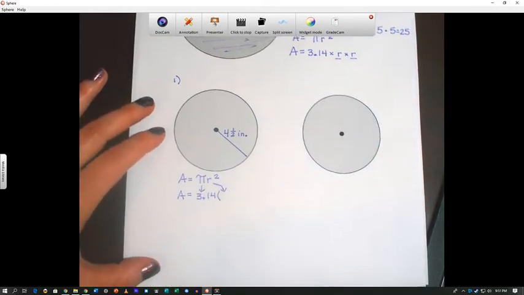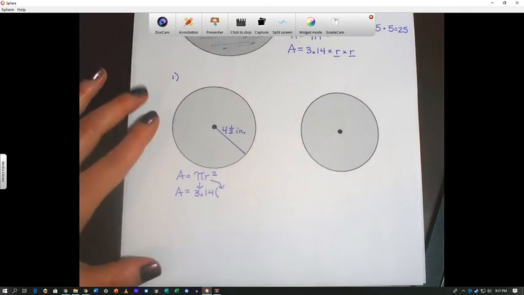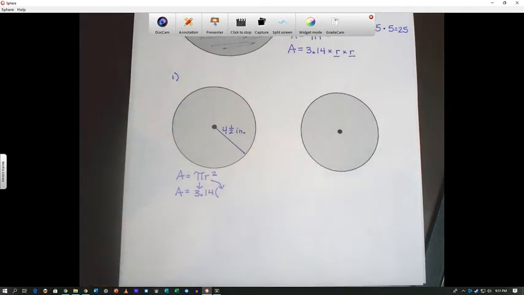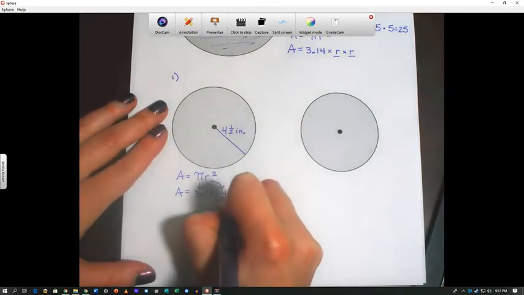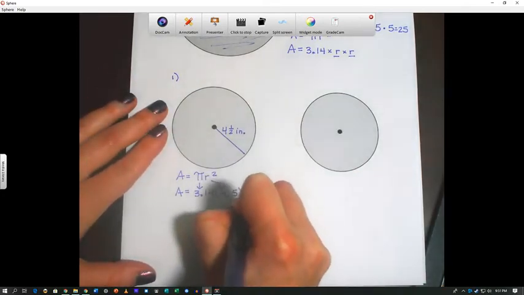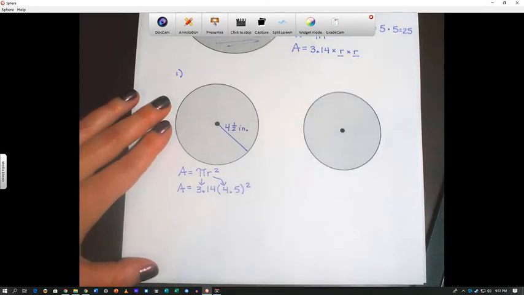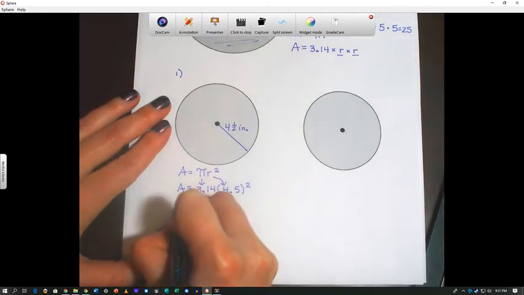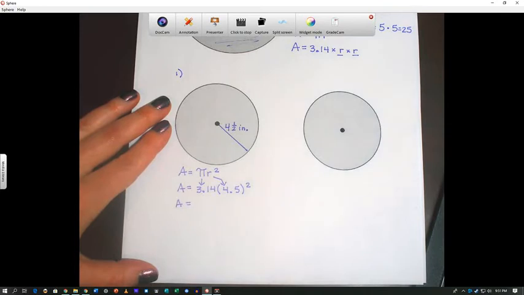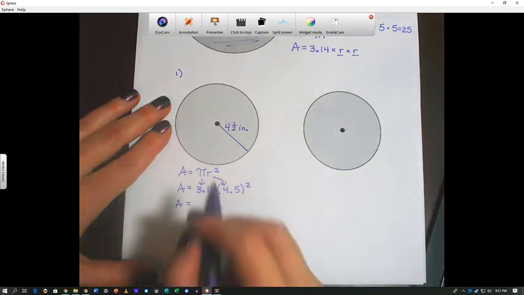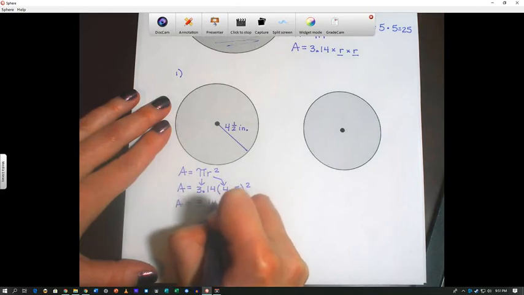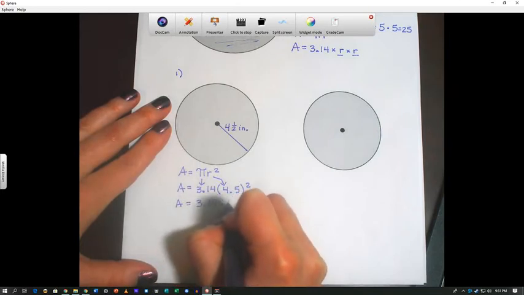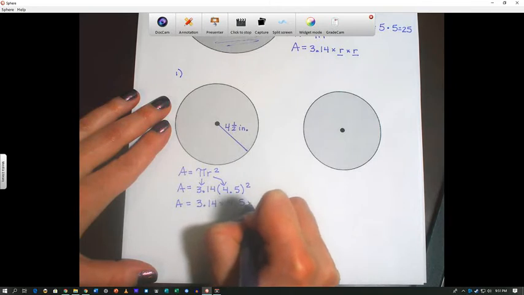So how could we change 4.5 so we can use the calculator to help us? Well, we can turn that into a decimal. 4.5 is equivalent to 4.5, and then we're going to square this. So on my calculator, I'm going to do 3.14 times 4.5 times 4.5.